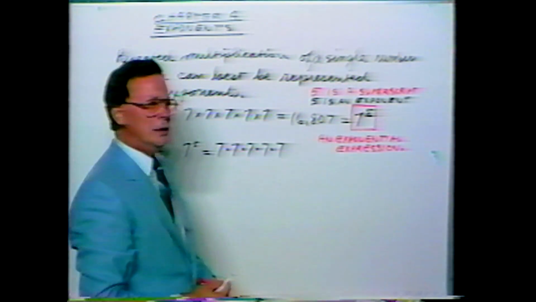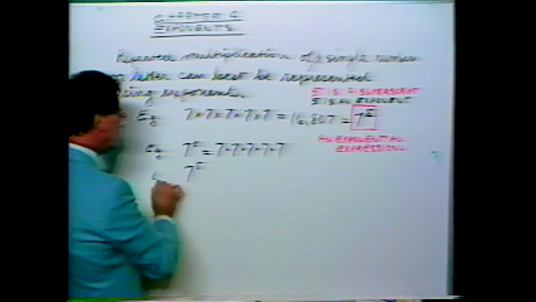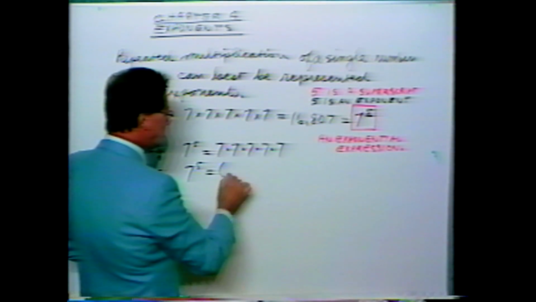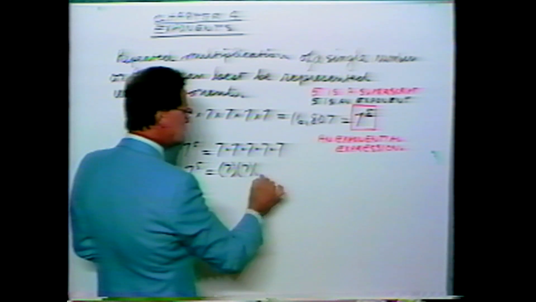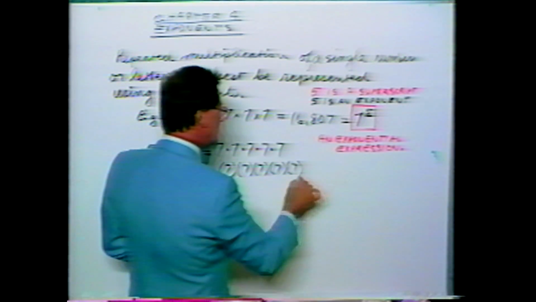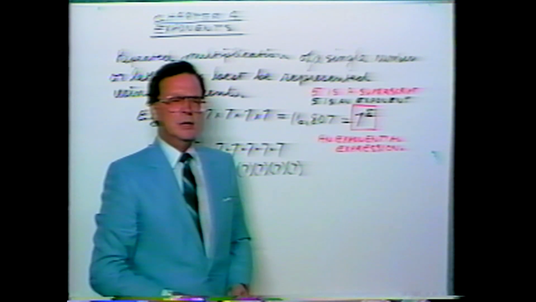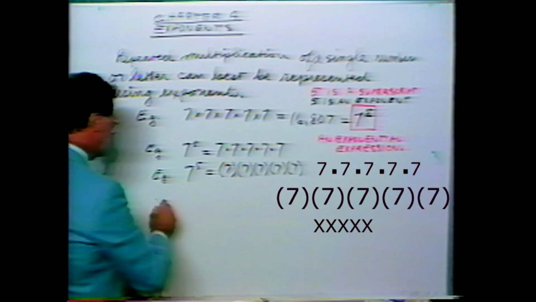And here is another way to indicate multiplication as well. 7 to the 5th can also be shown as equaling brackets 7, and so on.